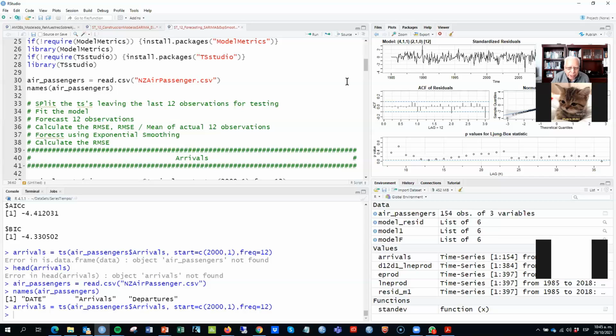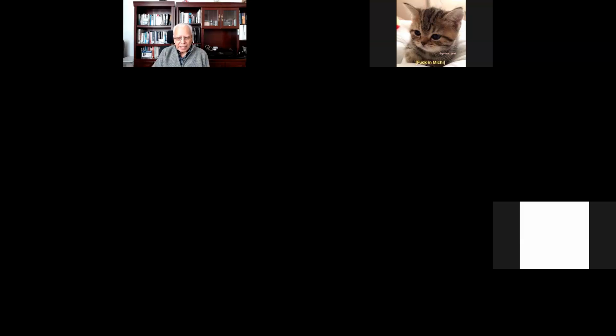So I'm going to stop here and split. Actually, what I would want you to do, it's 10:45. Please start with the departures, because that's the one that's more complicated to find the model.